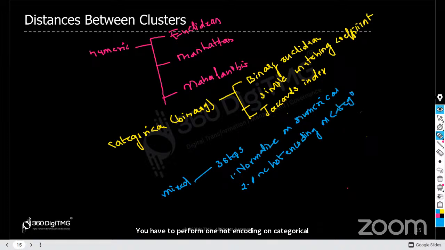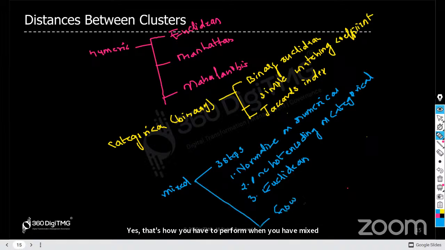After that, everything will be numerical now. So now you have to perform the third thing, which is calculating the Euclidean distance. This is how you perform it when you have mixed data. Or else, the other option that you have is Gower's general dissimilarity coefficient.